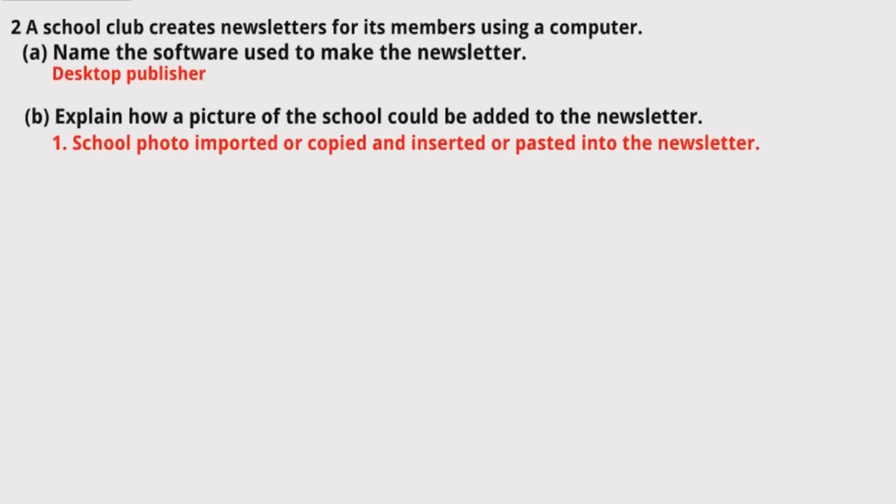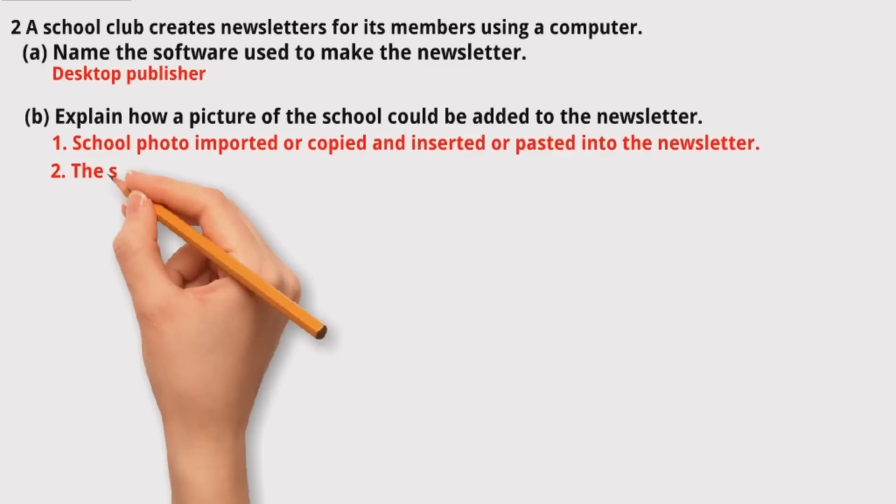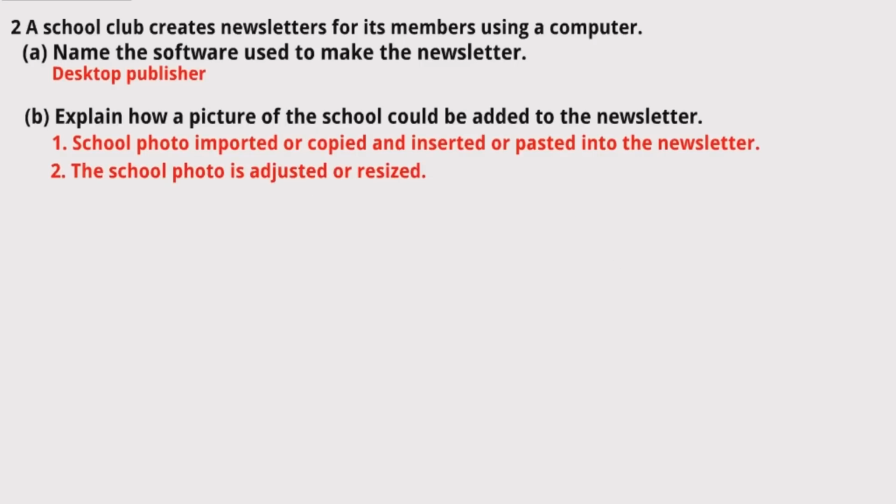Once you have done that, the next thing you need to do is adjust or resize the photo, depending on the size you want, or the size the design will allow so that it looks nice, then you resize that photo according to the size that will be presentable. Then after that, you save. That's how you can add the school photo on the newsletter.